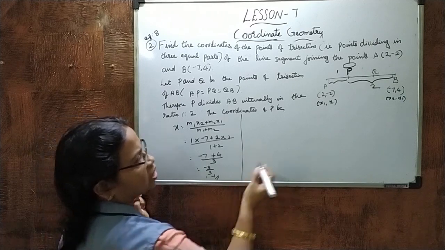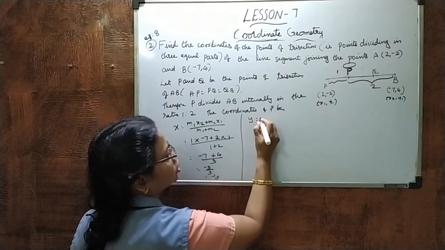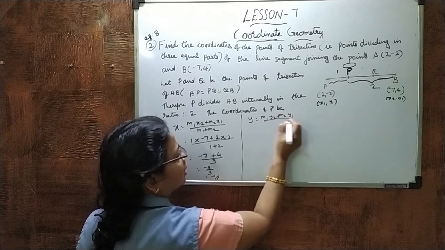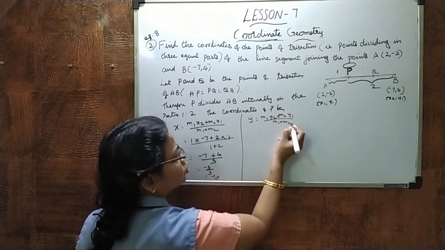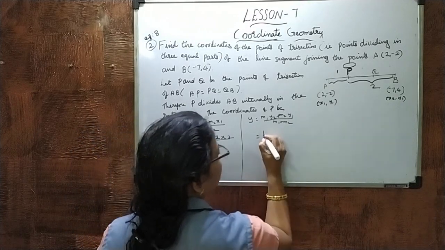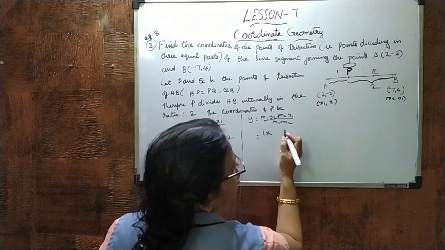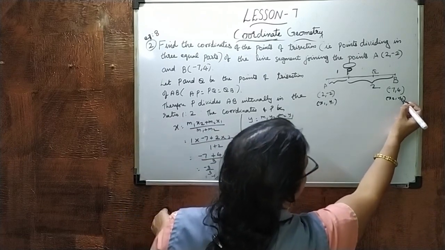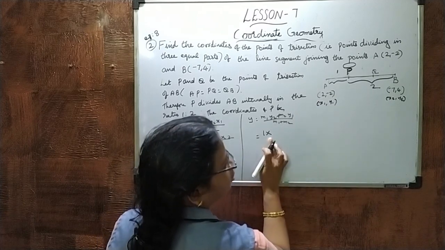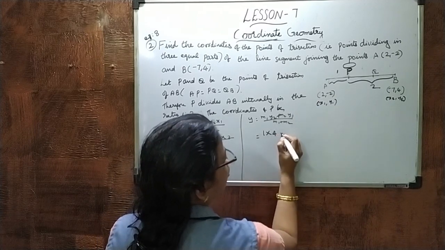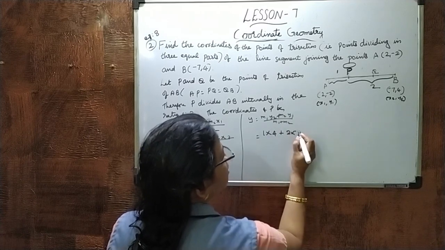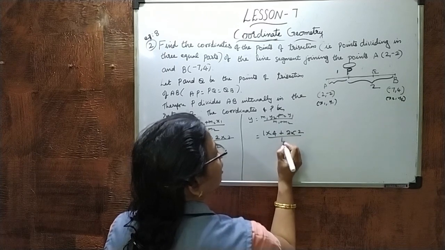Now what is the next one? Y you have to find out. Y is equal to (m1 y2 plus m2 y1) divided by (m1 plus m2). Now what are the coordinates? m1 is 1 into y2, which is 4, plus m2 is 2 into y1, which is negative 2, divided by 1 plus 2.